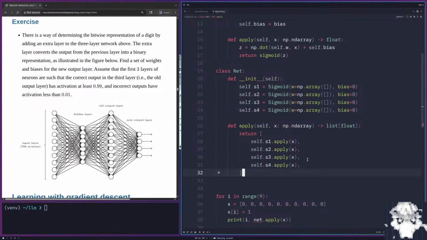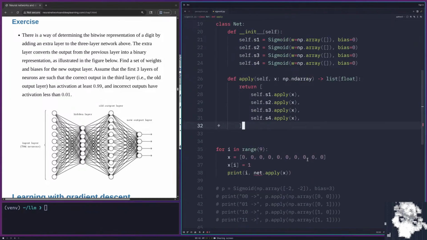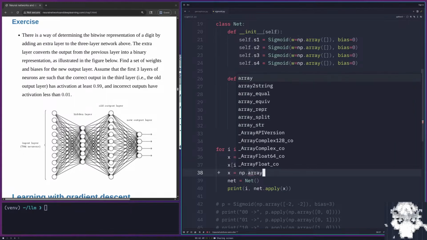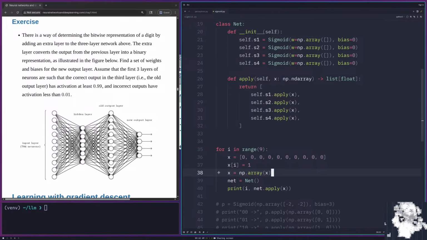And then let's declare our net. This should be an ND array. I can just do that in here.